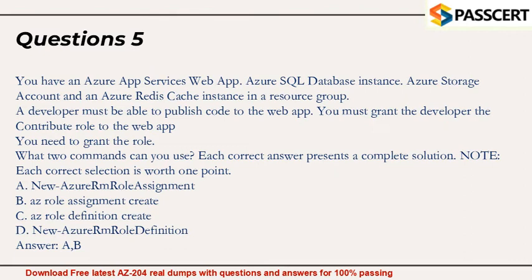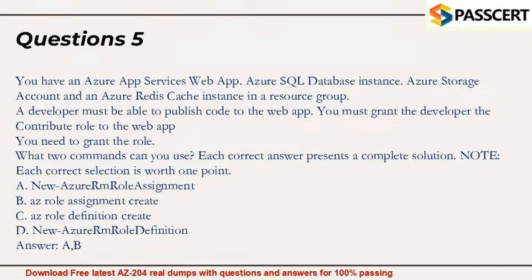Question 5. You have an Azure App Services web app, Azure SQL Database instance, Azure Storage account, and an Azure Redis Cache instance in a resource group. A developer must be able to publish code to the web app. You must grant the developer the Contributor role to the web app. You need to grant the role.